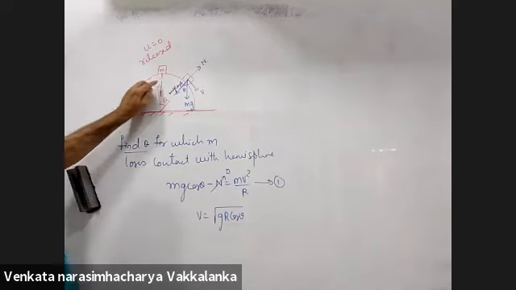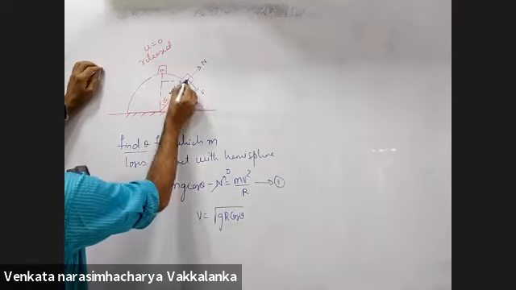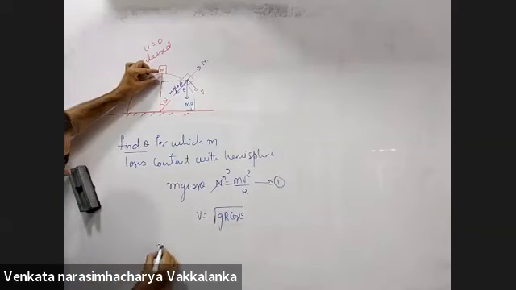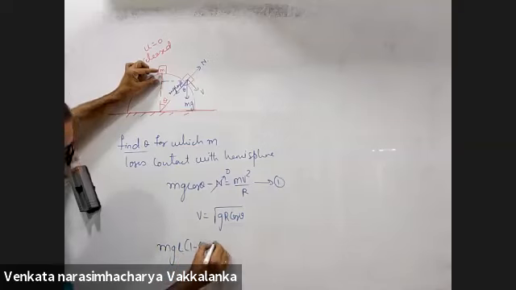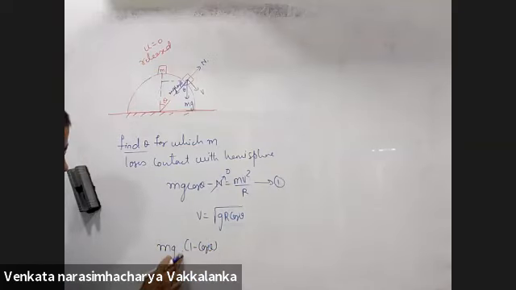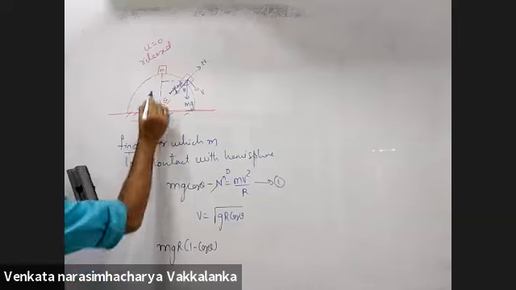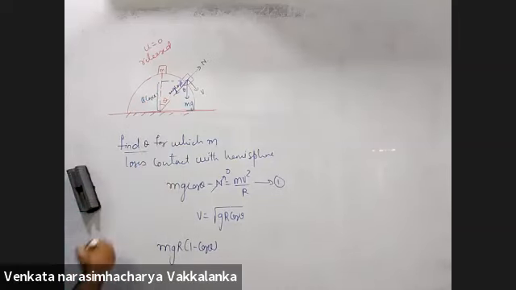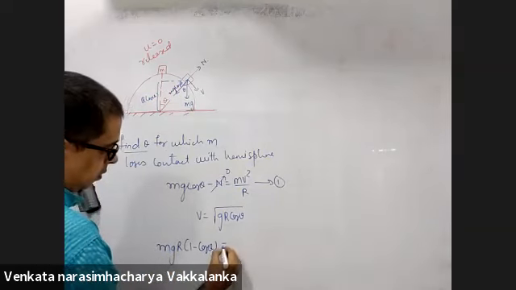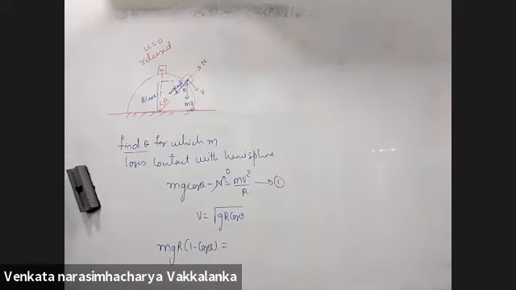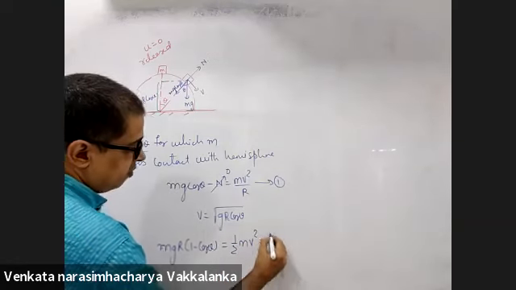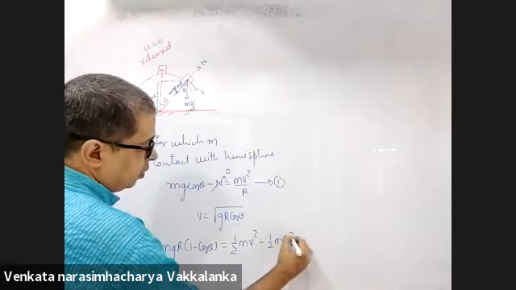Now, loss in potential energy is equal to gain in kinetic energy. How much potential energy did you lose? mg r into 1 minus cos theta, since the drop here is r into 1 minus cos theta. So mg r into 1 minus cos theta should be equal to half m v square minus half m u square.